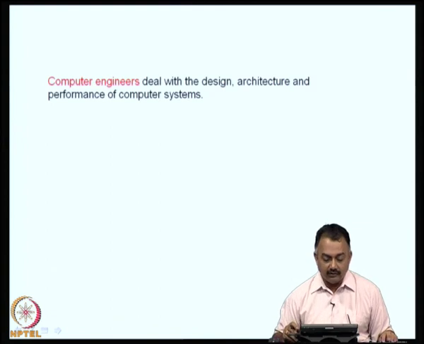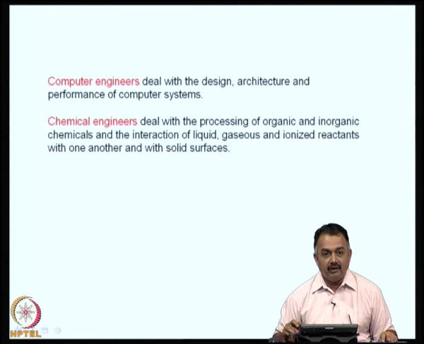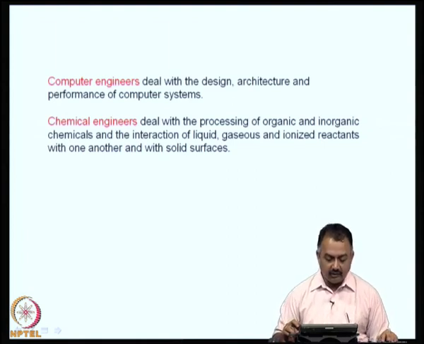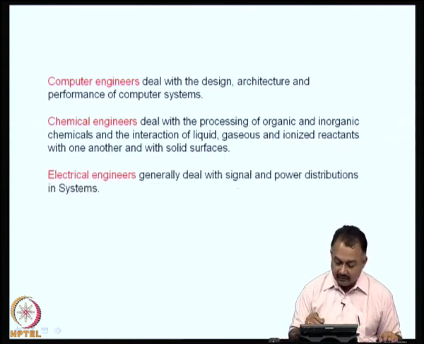Computer engineers, of course, are important in building the architecture of microprocessors and other active devices, and they are also important in the performance and reliability of computer systems. Chemical engineers deal with the processing of organic and inorganic chemicals and the interaction of liquid, gaseous and ionized reactants with one another and with solid surfaces. Electrical engineers deal with signal and power distribution in systems.